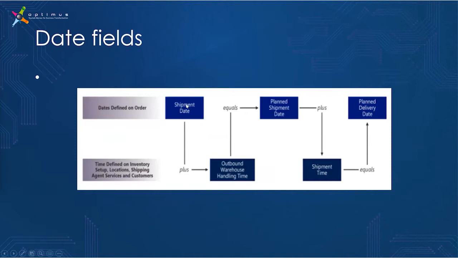Now, regarding the basic information that we require, at least this is the basic. Remember, shipment date comes from your sales order, plus outbound warehouse handling time comes from the location, and then the planned shipment date and shipping time are going to come from the customer configuration and the shipping method that we use.